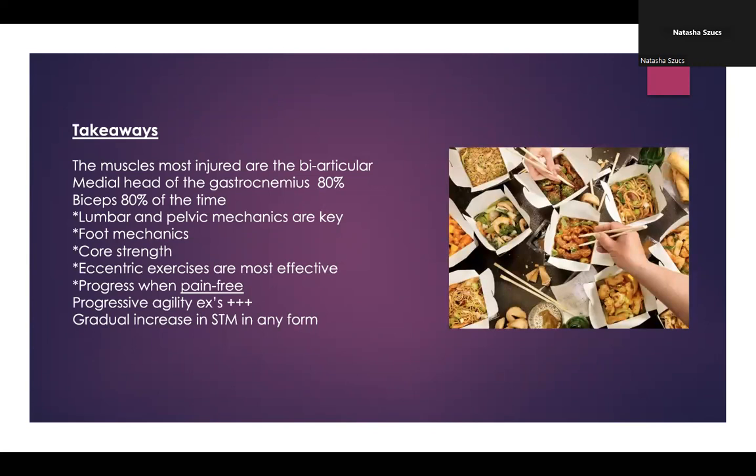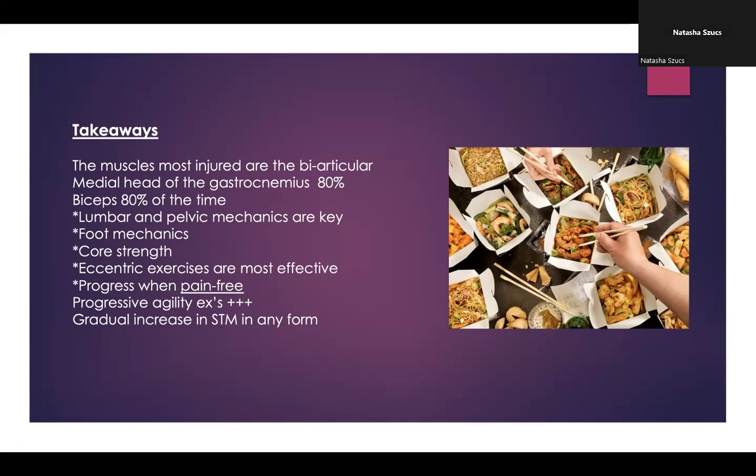So the takeaways: the muscles that are most often injured are the biarticular, the medial head of the gastroc in particular. The biceps femoris, the hamstring, is the one injured 80% of the time. Lumbar and pelvic mechanics, if you focus on that, those people generally do better.